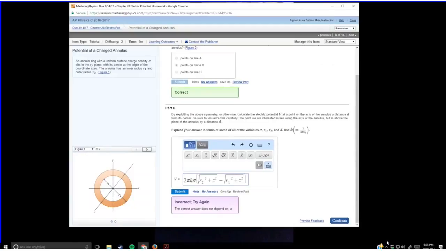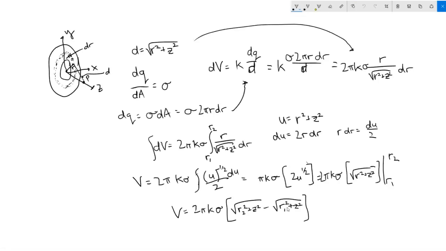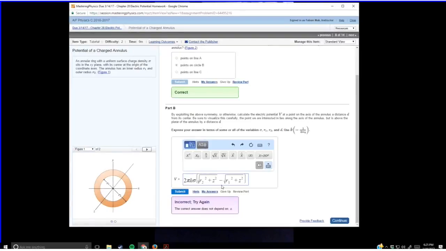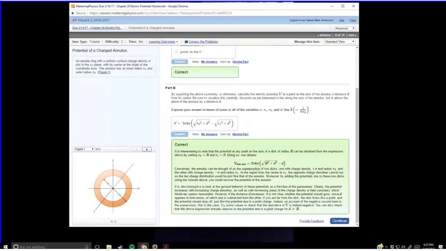What did I miss? Squared plus Z squared. D instead of Z. Oh, did it have a specific distance? Oh yeah, distance D. Okay. So D. Yeah.